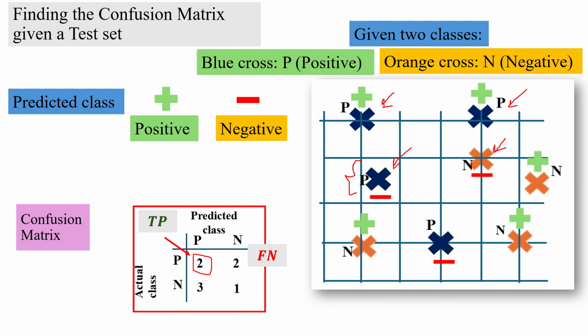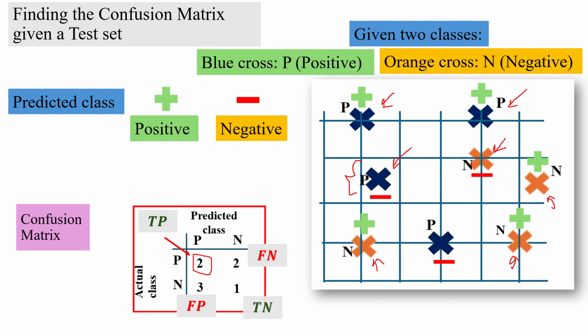Now we come to this. This is what, actual N identified as P or predicted as P. So it is this data point, and we have another one here. And see, the count is 3, and that is what false positive is, 3.